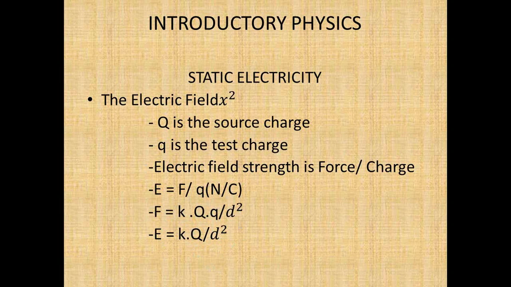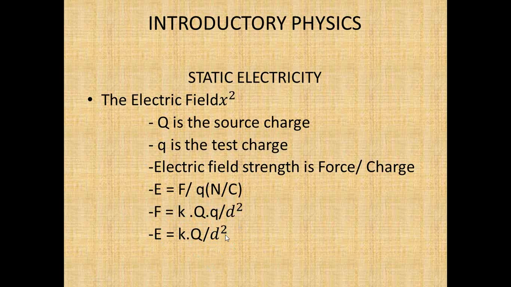So any charged object is going to have a certain amount of electric field strength. That electric field, the space around this charged object, is going to attract or repel, depending on the amount of charge that the source charge has, divided by the square of the distance.